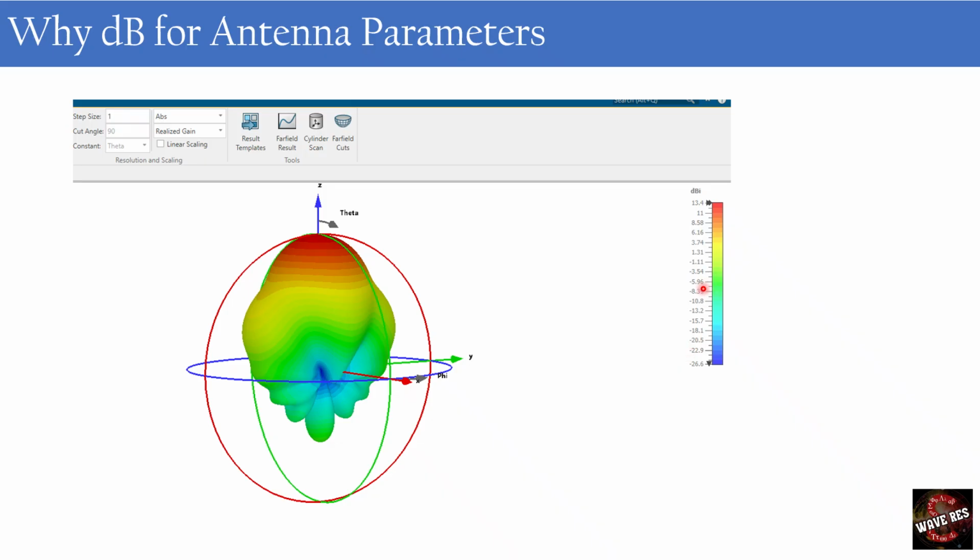That means in linear scale, the range may be very high, so we won't be able to see every piece of information with a specific scaling. If we convert that into dB scaling within a limited scale, we will be able to see everything. That's why we always specify gain in dB, so we can see the information like side lobe level and back lobe level from the dB scale value.